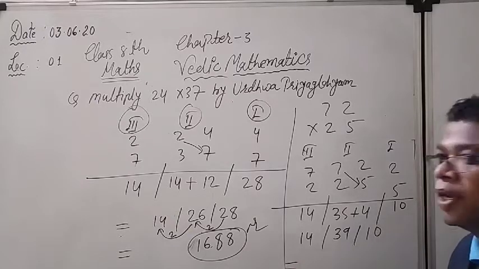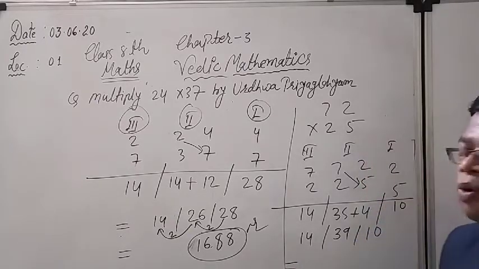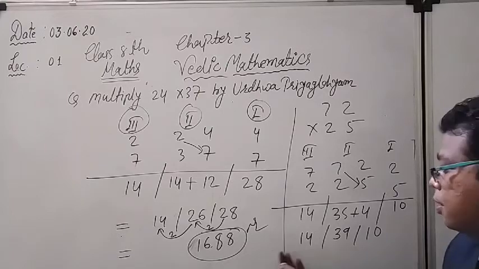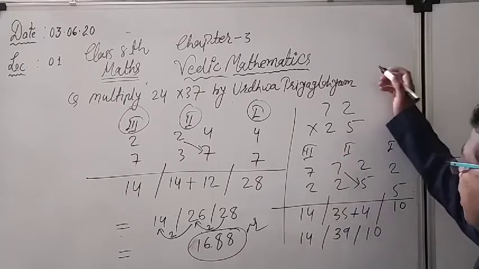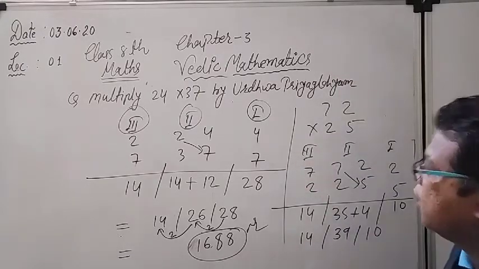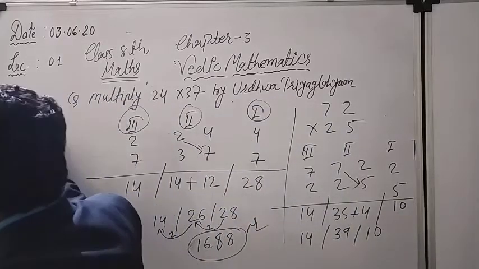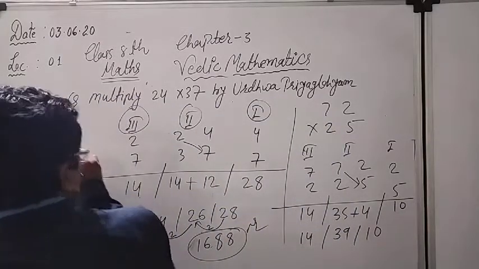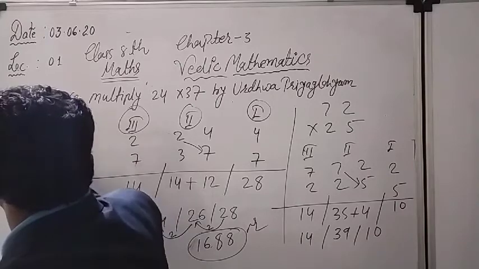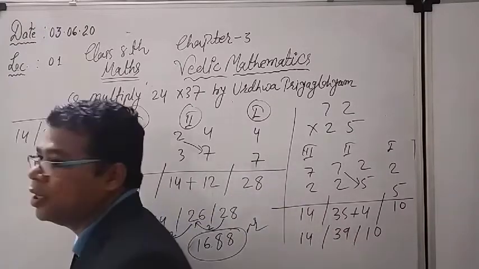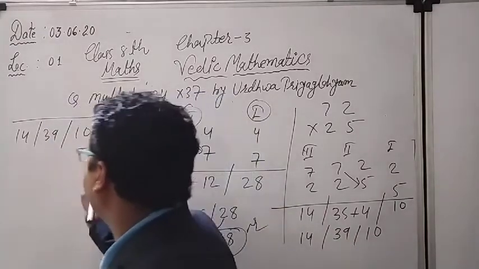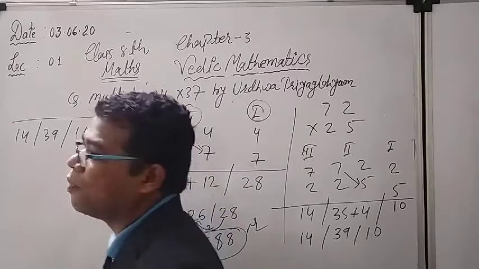What I have told you for the answer, see here again. Okay, the answer I am going to calculate here. Here you can see 14, 39, and here is the 10. For the final answer I have to consider only one digit from every section.